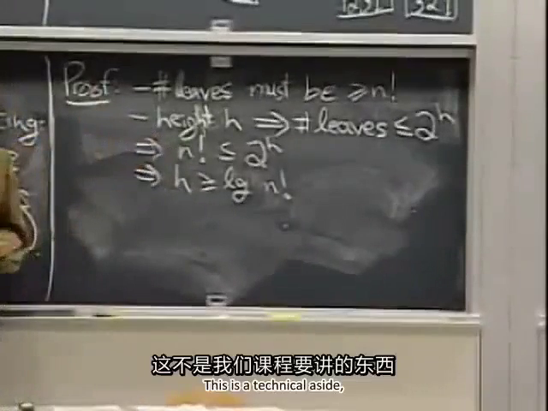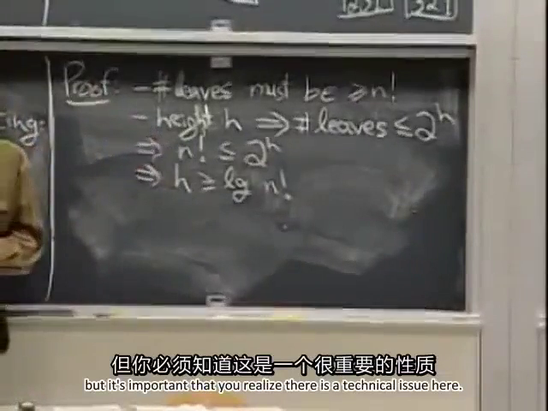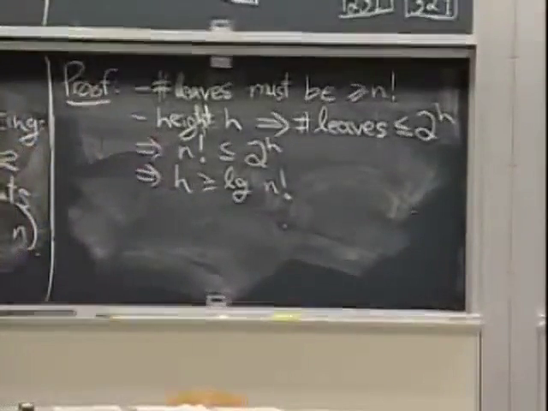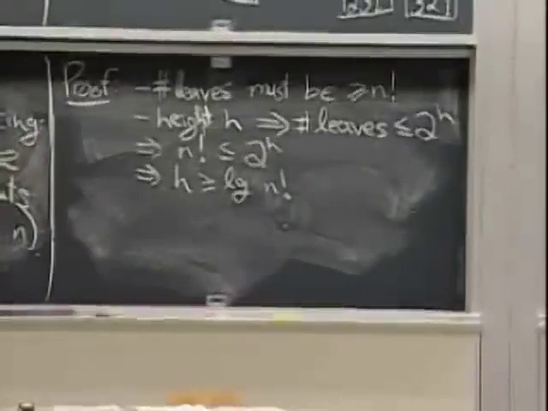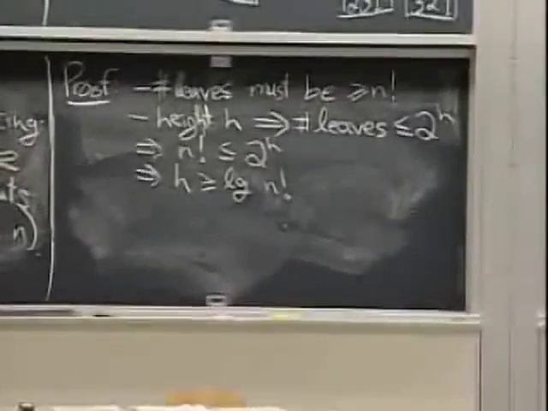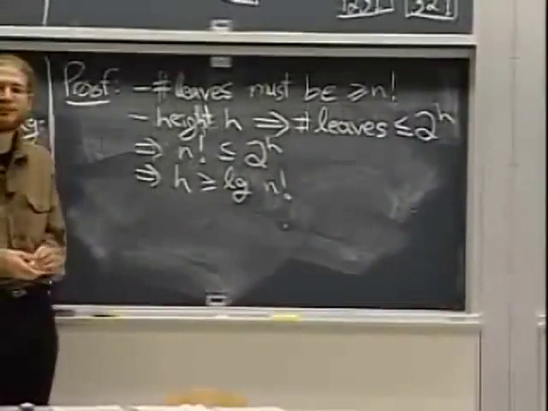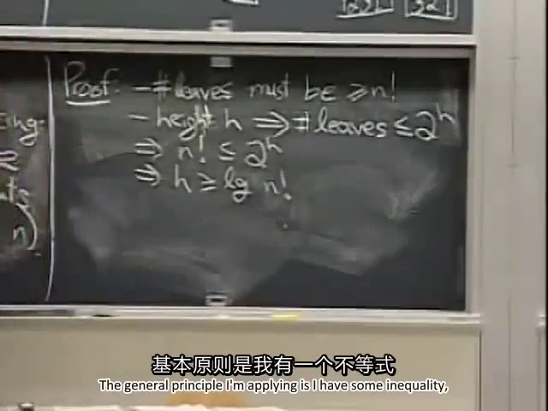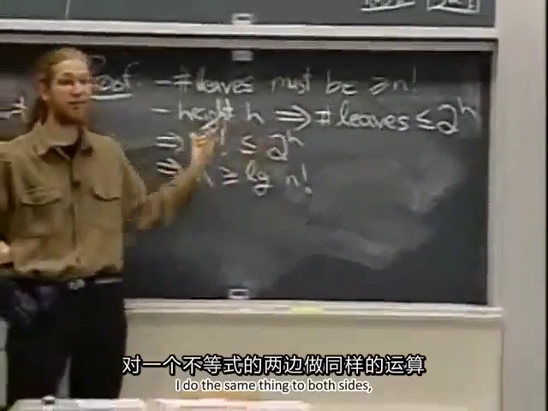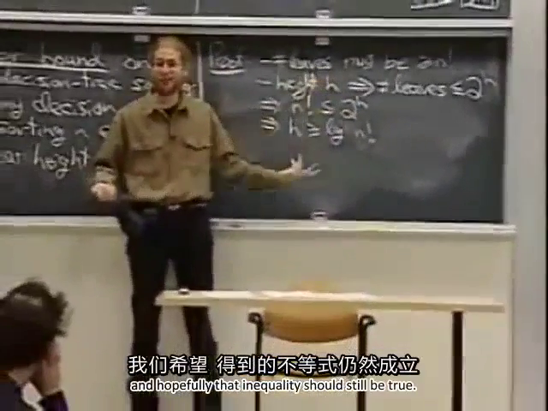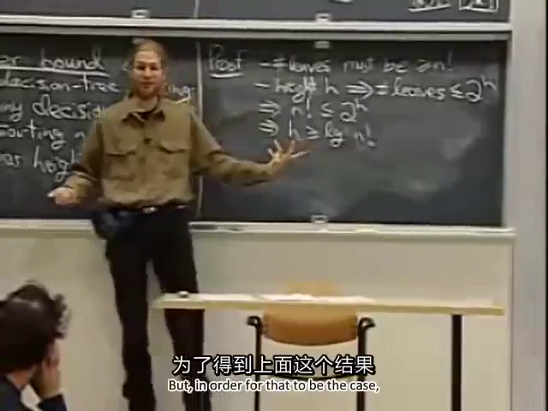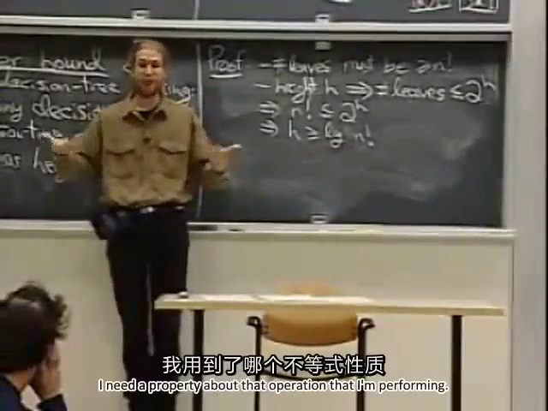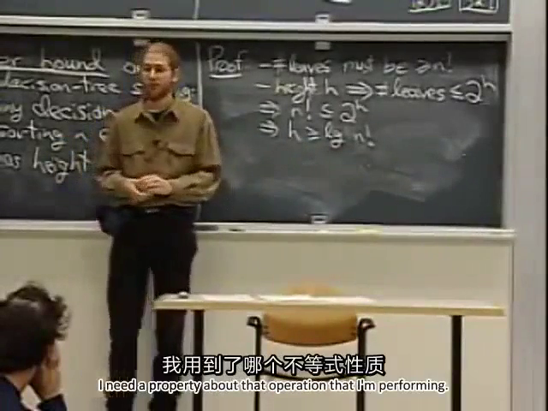This is a technical aside, but it's important that you realize there is a technical issue here. The general principle I'm applying is I have some inequality. I do the same thing to both sides, and hopefully that inequality should still be true. But in order for that to be the case, I need a property about that operation that I'm performing.